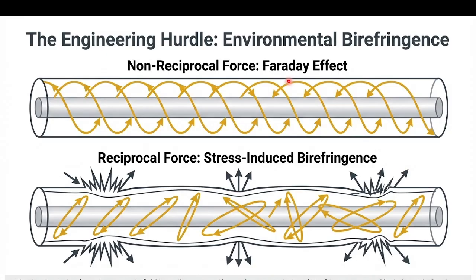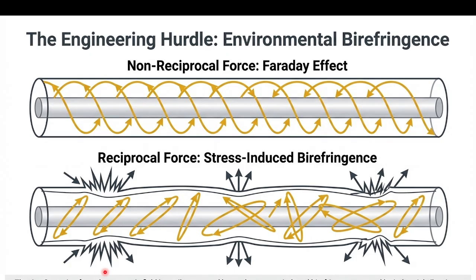Now discussing the engineering hurdle: what are the issues faced in engineering this optical fiber for the FOCS. There will be environmental birefringence also. The Faraday effect is non-reciprocal, but stress-induced birefringence is reciprocal and random, it's not unidirectional.